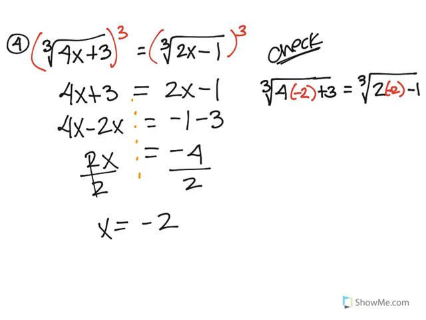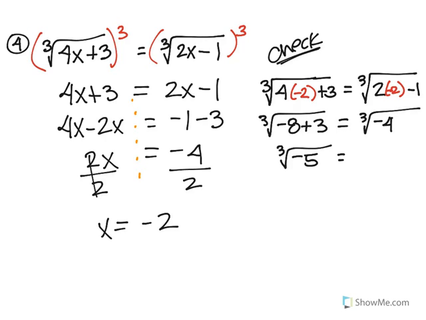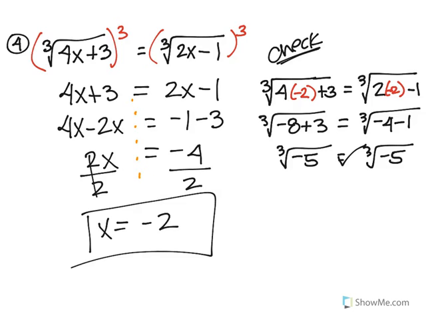So that's going to give us negative 8 plus 3, which that's the cube root of negative 5, right? And then this is going to give you negative 4 minus 1, which is also the cube root of who? Negative 5. I ain't asked you to evaluate it. You got the same thing on both sides, so it does what? It checks. It works. Okay?